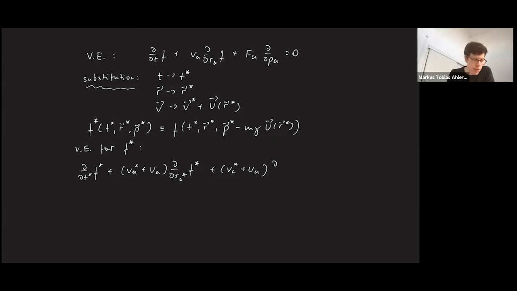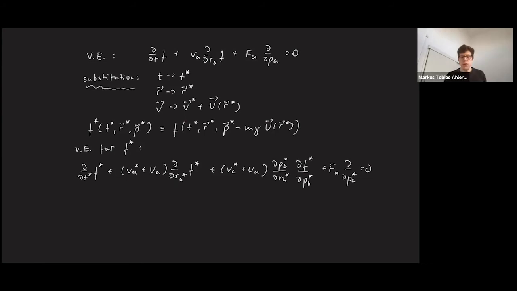So the second term can be written in the following form: the derivative of P_B star over R_A star. And now I have the derivative with respect to P_B star. And then the final term is again the Lorentz term, which is just F_A. And then here I replace this by the star quantity.